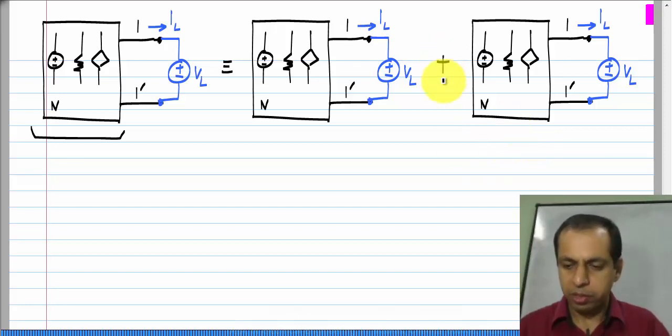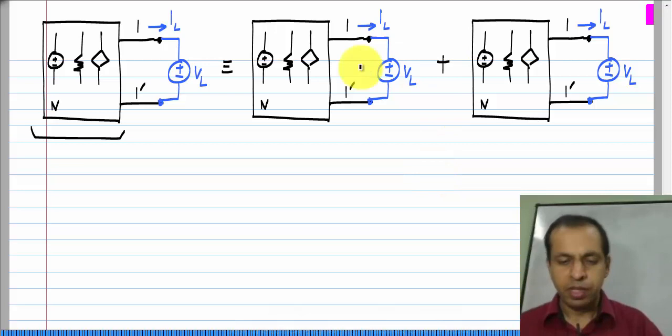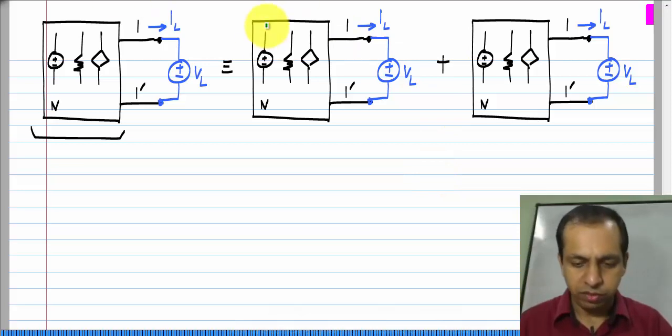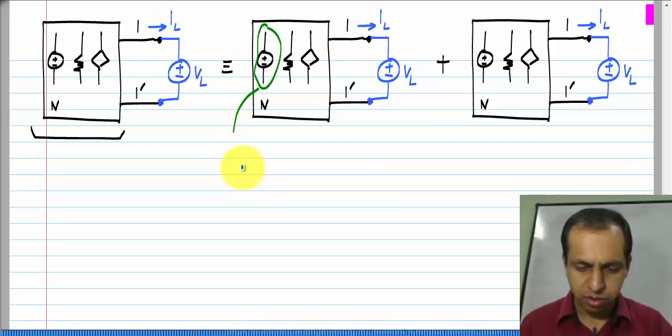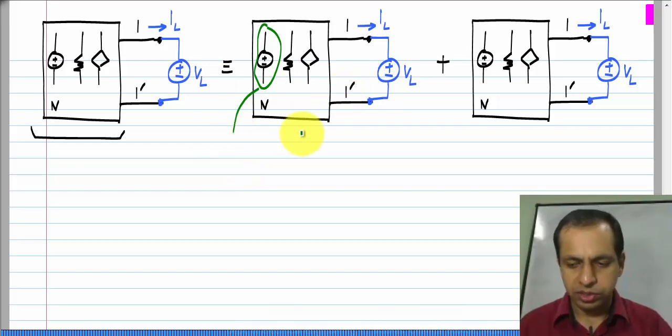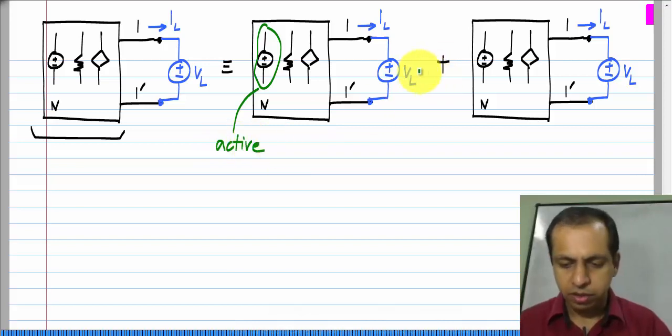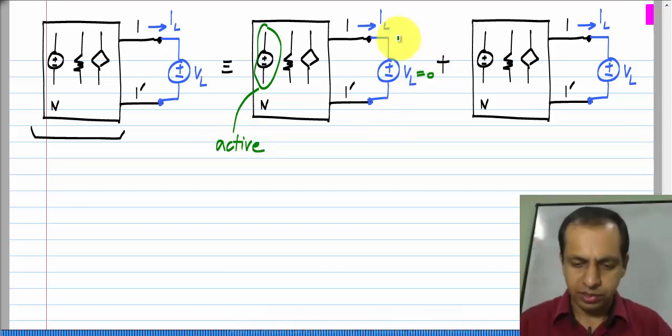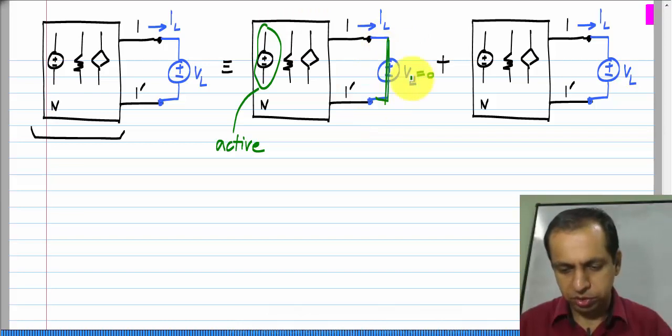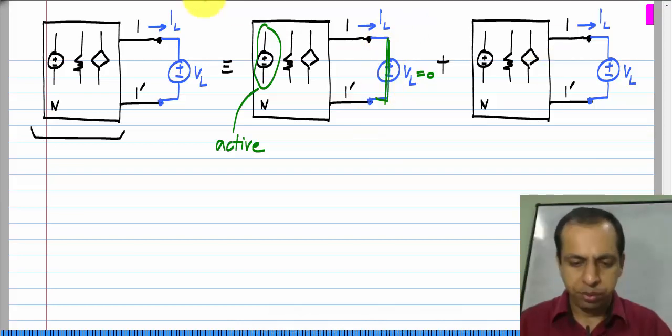I will indicate a plus here to indicate superposition. And what are the two cases? One in which the internal sources are active and V L is set to 0. That is, V L is replaced by a short circuit. I will compute I L 1.